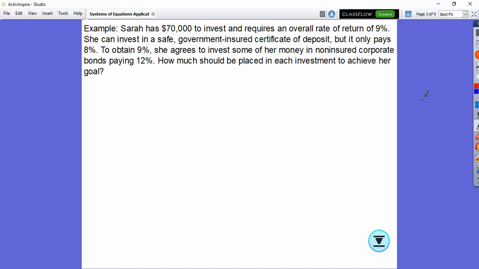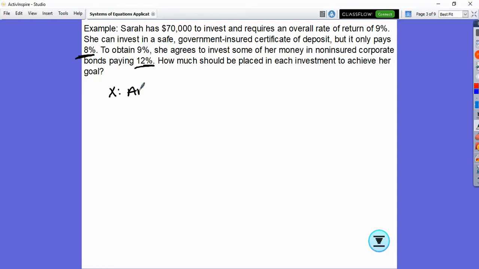There's a lot of numbers here. Let's start with the basic, identifying our variables. What am I trying to find? How much she should place in each investment. So she's going to do some in 8% and some at 12%.